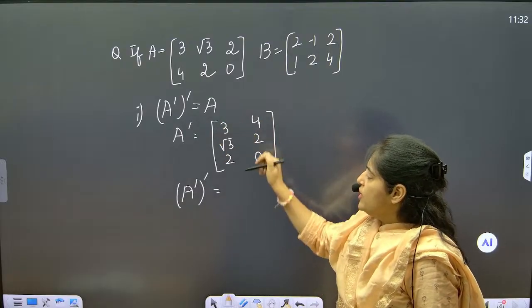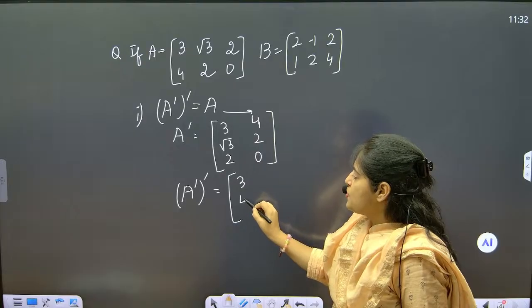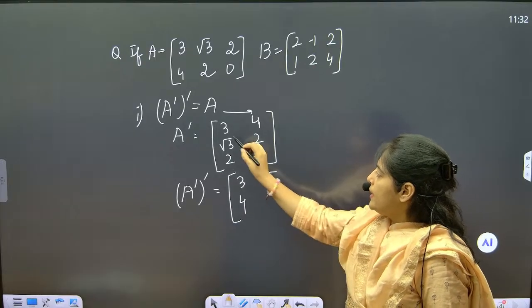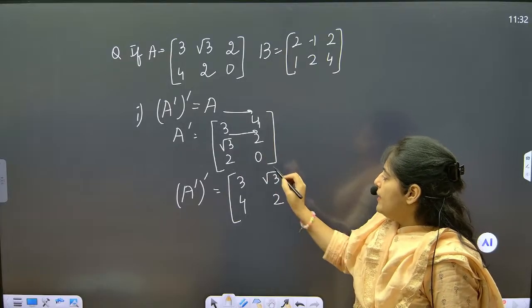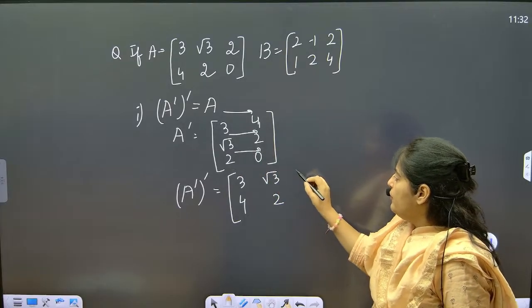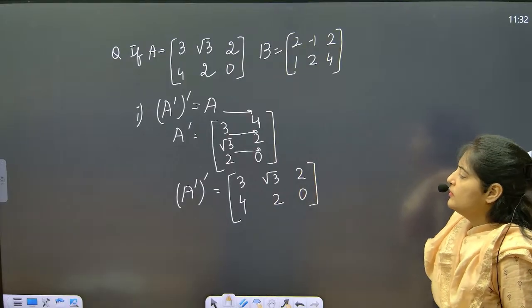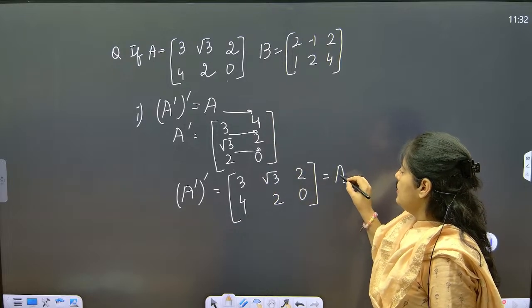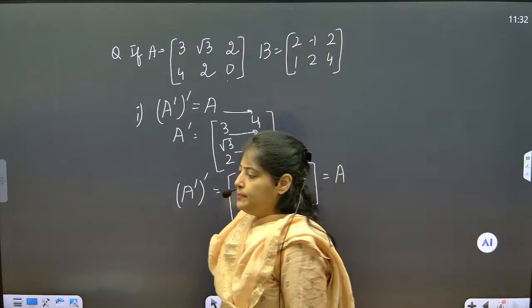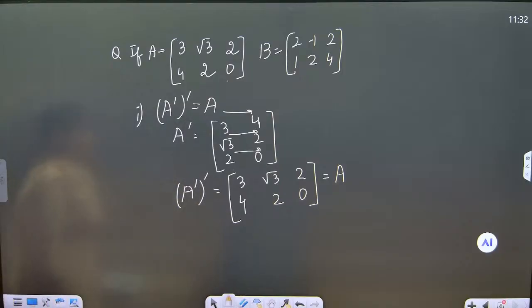So first row will become first column, second row will become second column, and third row will become third column. So this is nothing but the original matrix. Proved.